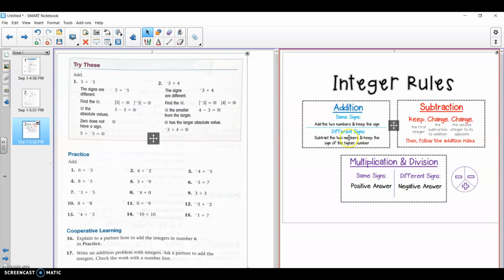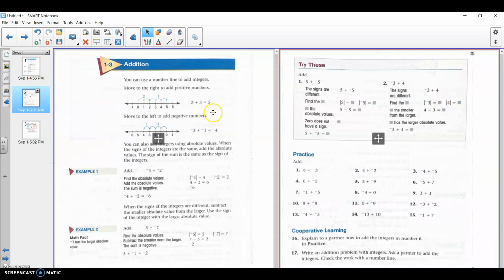If it's different signs, subtract the two numbers and keep the sign of the higher number. So same signs, just add them and attach the sign. If they're both negative, it's going to be negative. If they're both positive, it'll be positive. If they're different signs, you're going to subtract the two numbers, and then you keep the sign of the higher number.